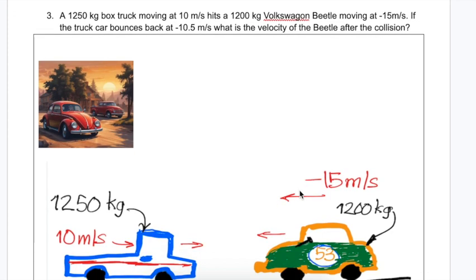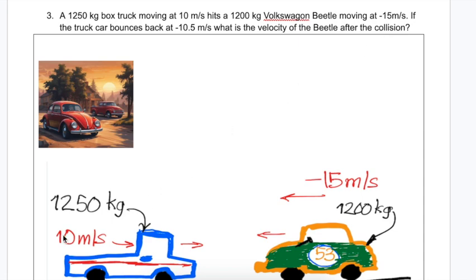Here we have a 1,250 kilogram box truck moving at 10 meters per second, and it hits a 1,200 kilogram Volkswagen Beetle moving at minus 15 meters per second. If the truck bounces back, what is the velocity of the Beetle after the collision?